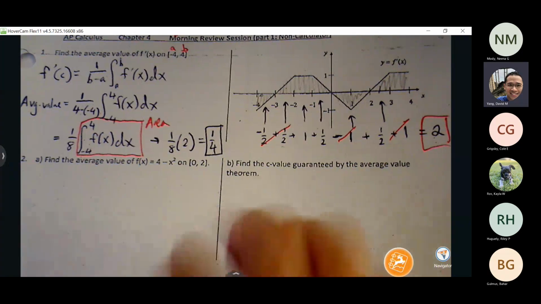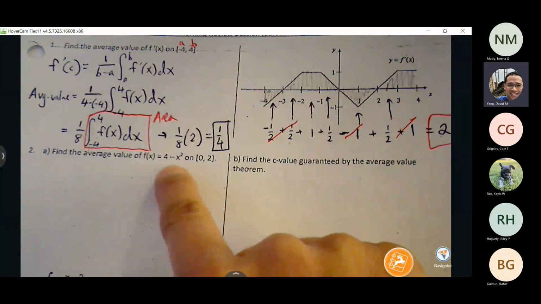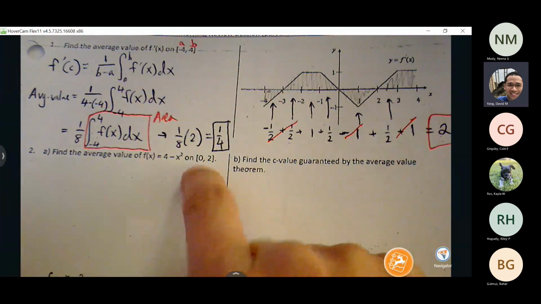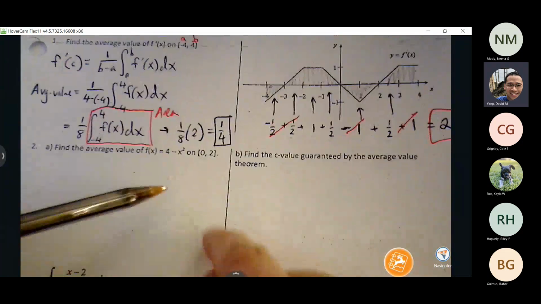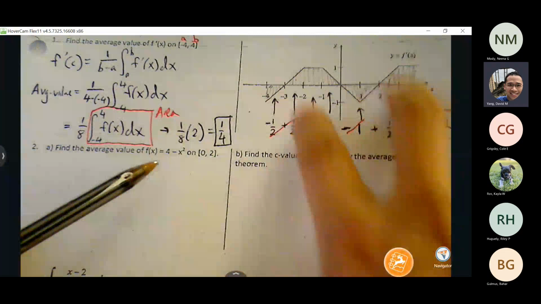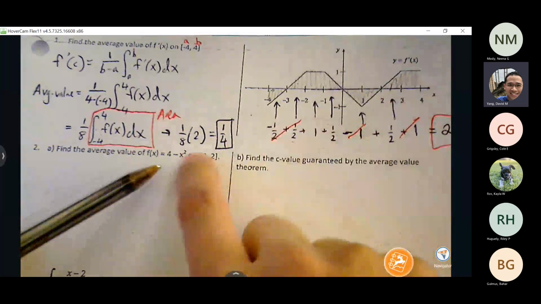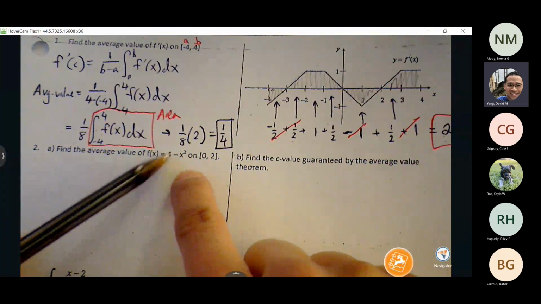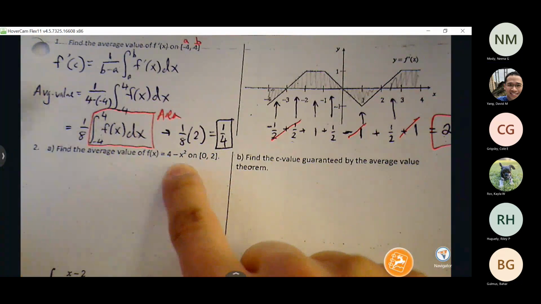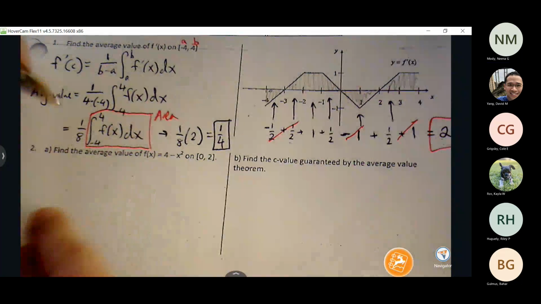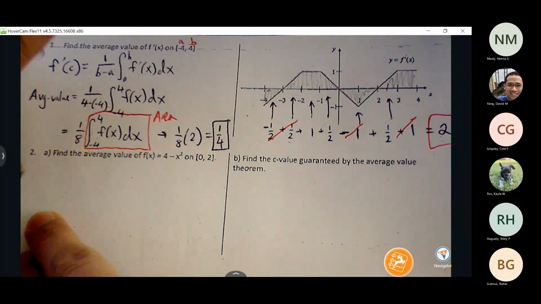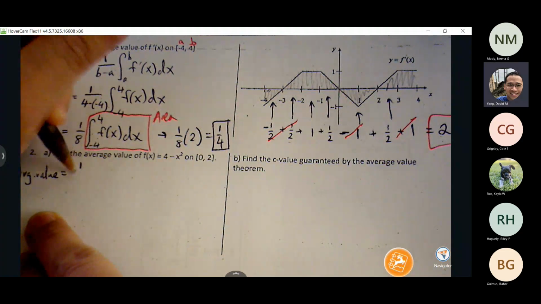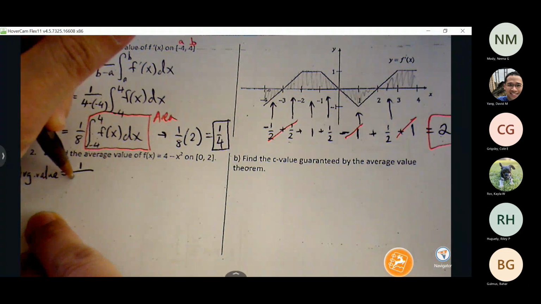Okay, number 2, find the average value of the function 4 minus x squared from 0 to 2. Same concept, but now instead of having to pull from a graph, we can just rely on definite integrals and power rule. Again, 1 over b minus a.